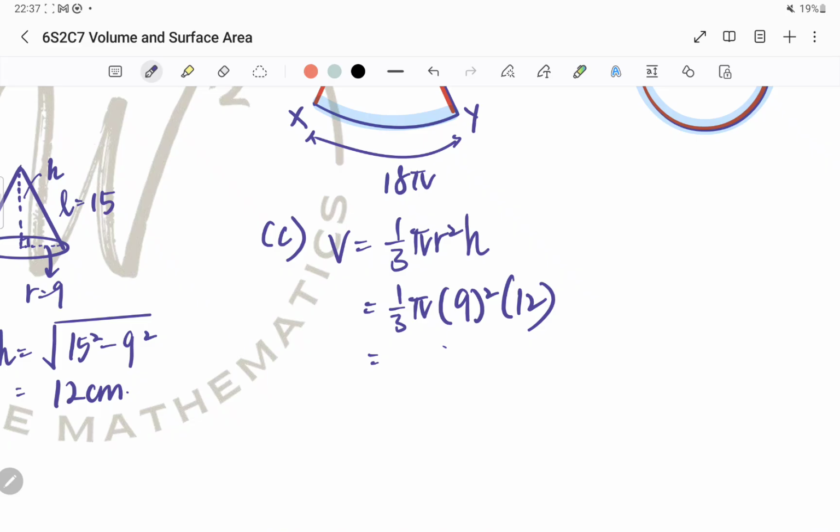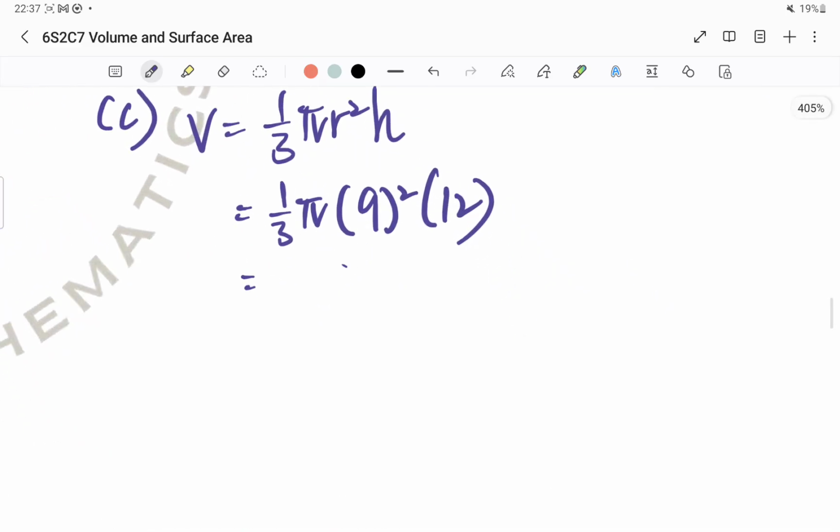So put into your calculator, what I want you to put in is 1 over 3 times 9 square times 12. Don't put in the pi first, because you will straight away get a decimal place. So 1 over 3 times 9 square times 12, here you should get 324. Then I just need you to put the pi behind. Then this is your answer.